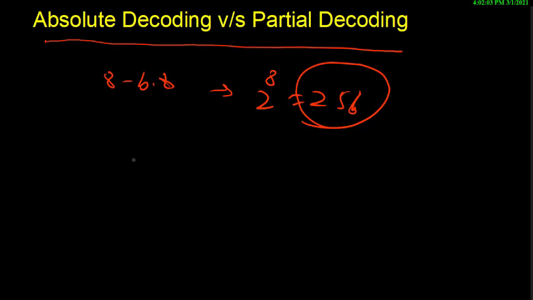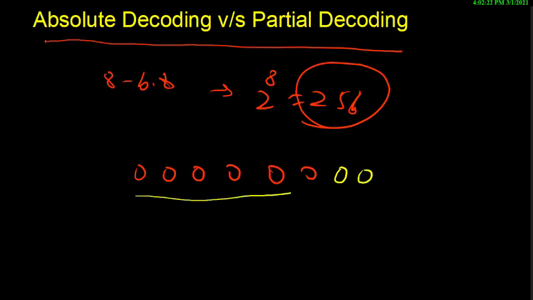Suppose we have these 8 bits, and the last 2 bits are don't care, while all the other bits must be 0. So whether they are 0 or 1, anything, that particular device will be addressed, decoded, and selected. So this can be 0, 0 or 0, 1 or 1, 0 or 1, 1.